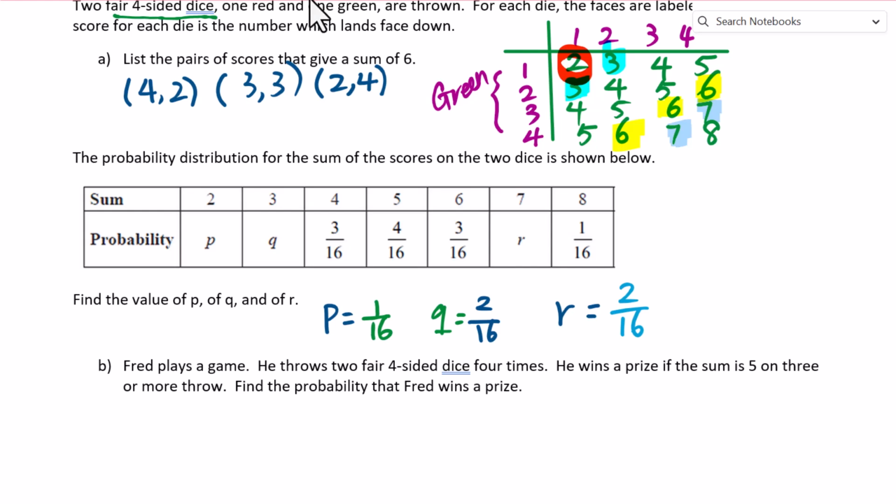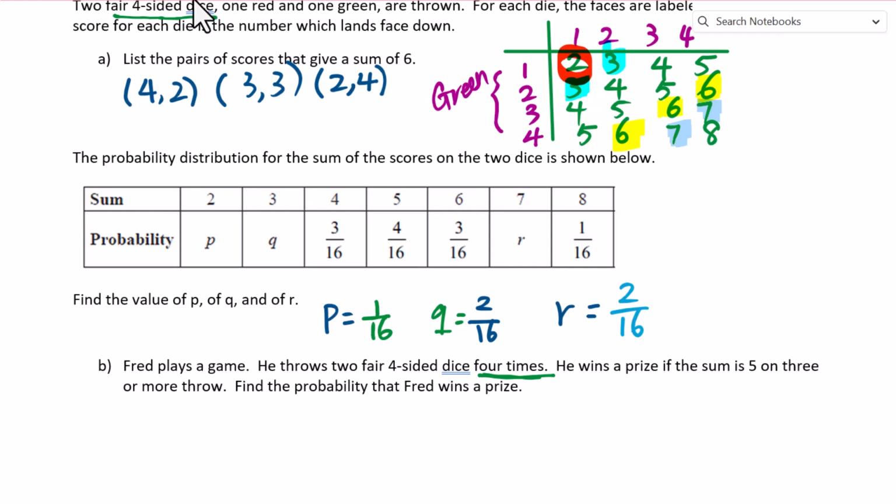Fred plays a game. He throws 2 fair 4-sided dice 4 times. He wins a prize if the sum is 5 on 3 or more throws. Find the probability that Fred wins a prize.